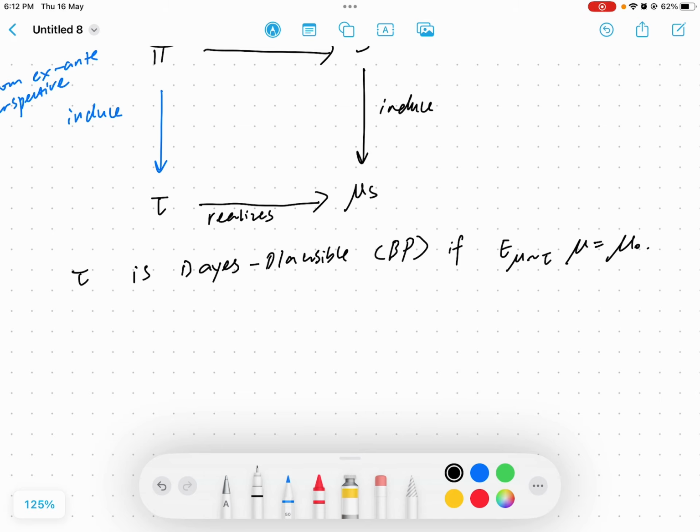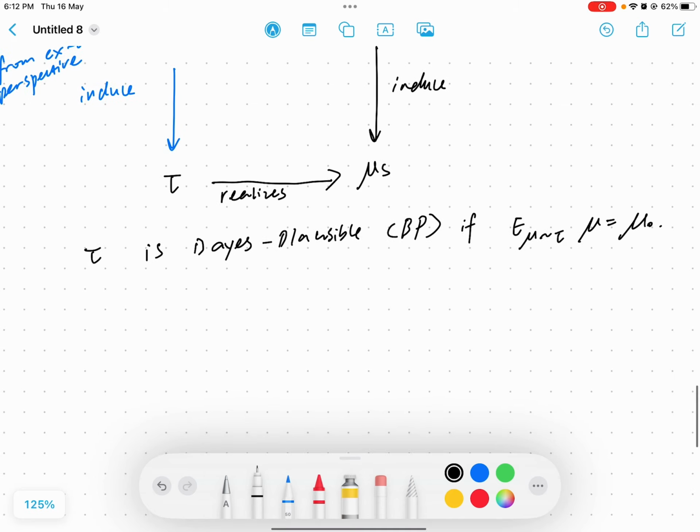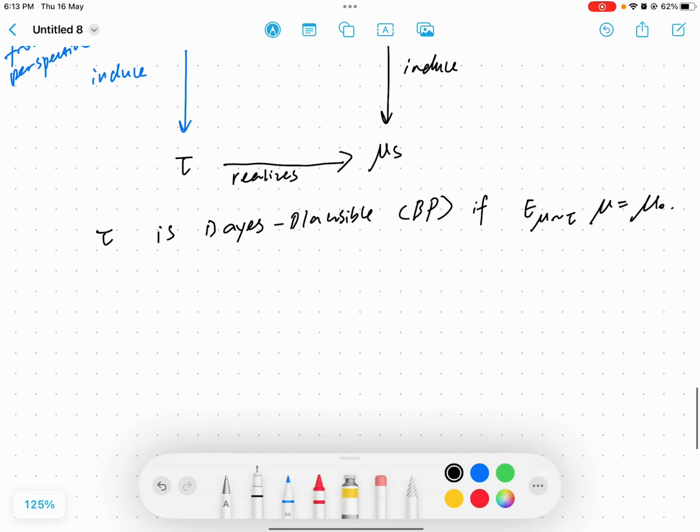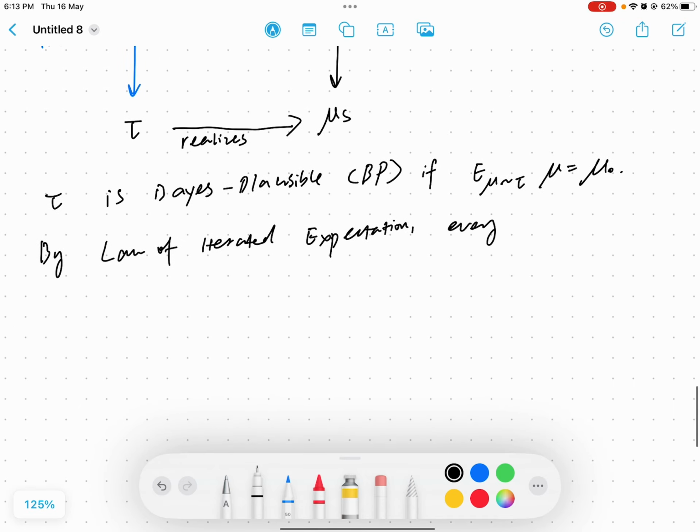So by the law of iterated expectation, every tau induced by the pi is Bayes plausible, okay.